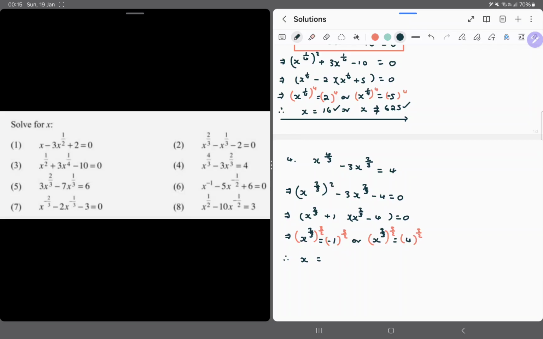I believe so. But let's see, minus 1 to the 3 over 2. This is the square root of minus 1 cubed, so it shouldn't work. This one should not work. Yeah, it's a math error.